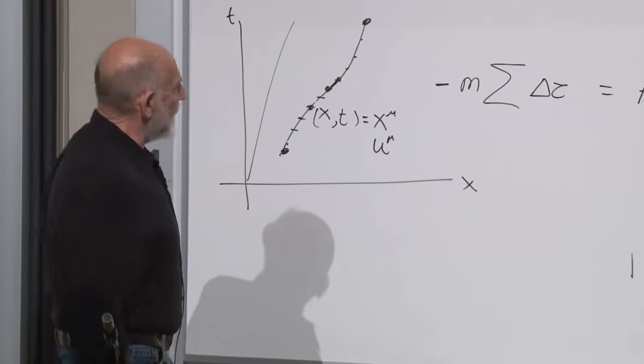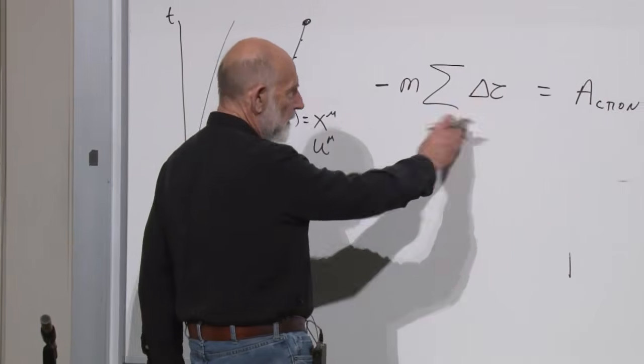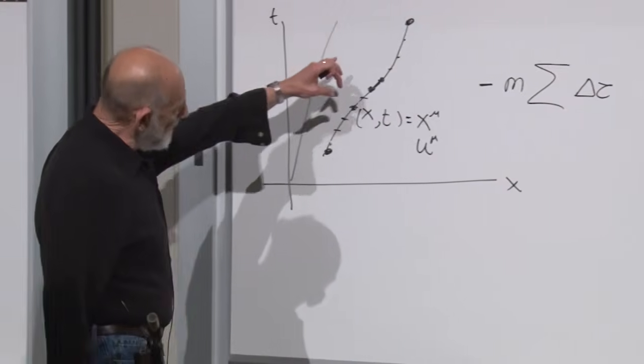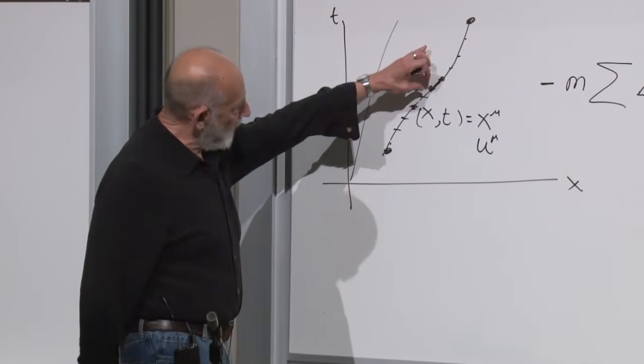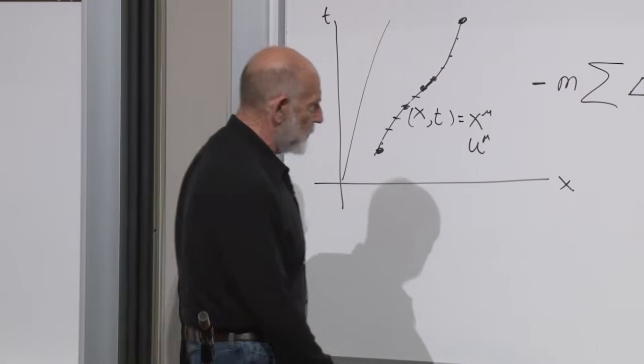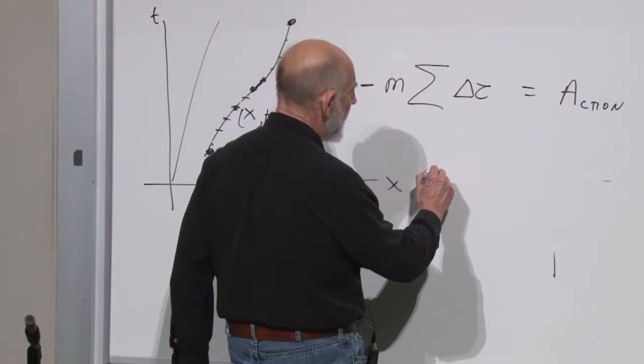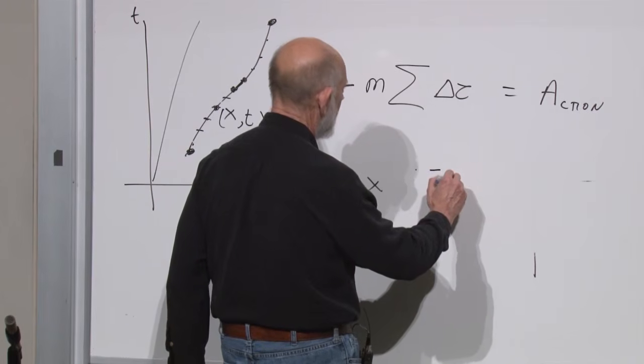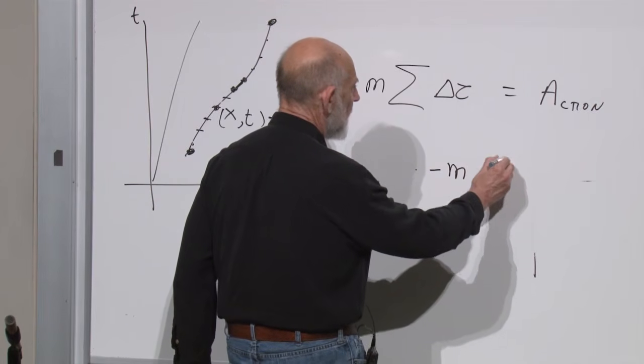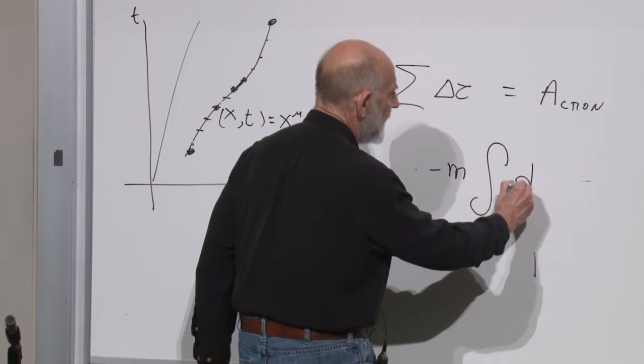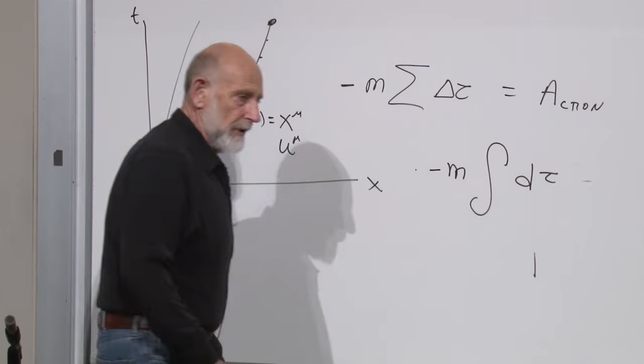But before we do that, let's convert this to an integral. Let's convert this by taking the limit in which these finite differences are replaced by differentials. So this will become minus m times the integral of d tau along the trajectory.